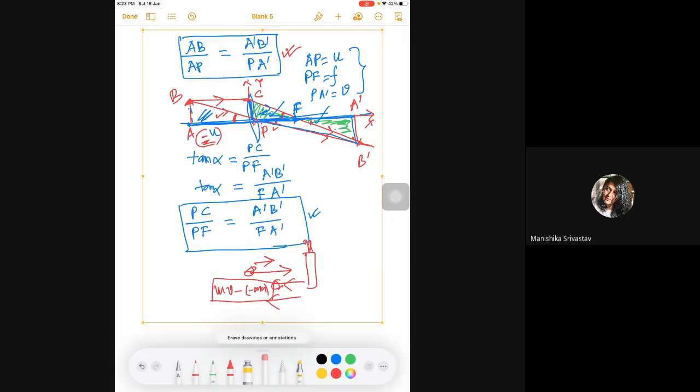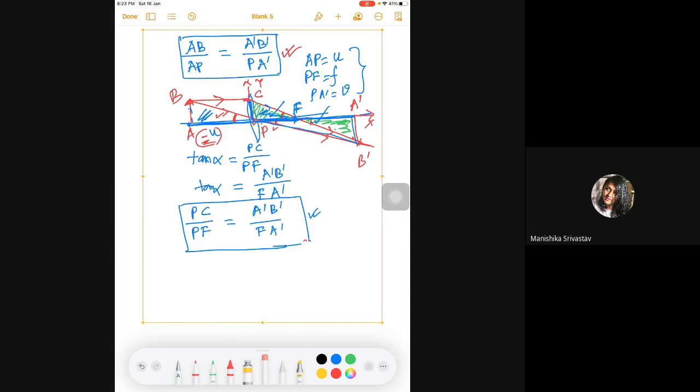I'll just take a pause and give you a couple of minutes to understand this one, because this is the main concept of any light ray diagram, wherever you are doing it.